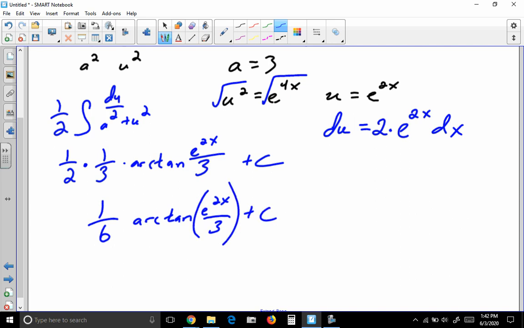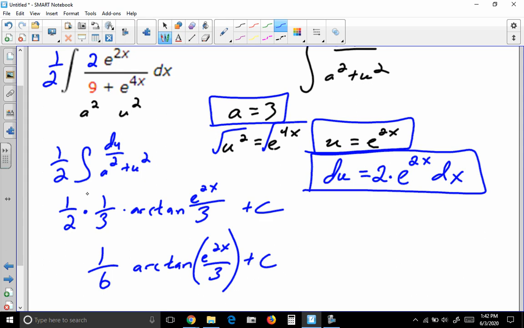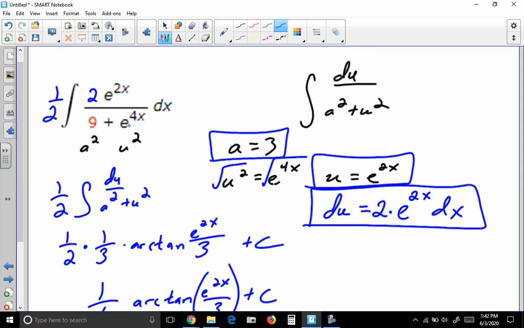So it's just recognizing the form we have, picking what we think is a squared, what we think is u squared, and using those to get a, to get u, to get du, and then seeing if we can turn what we have into our formula. And in this case, we were able to.